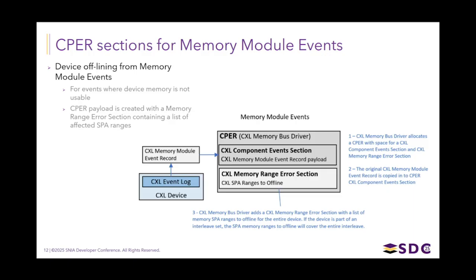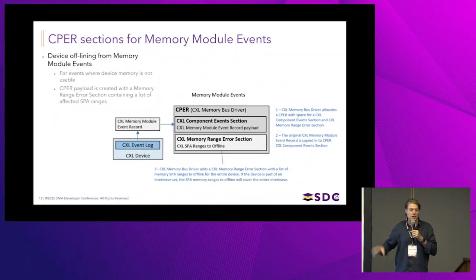It's allocating space for this CPR payload, copies the event record payload into the event section, and then it adds a CXL memory range error section with a list of SPA ranges to be offlined. So this is how we're going to handle having to offline not just a single cache line, not just a single 4K page, but an entire range of pages that, like I said, could include the entire interleave set potentially.